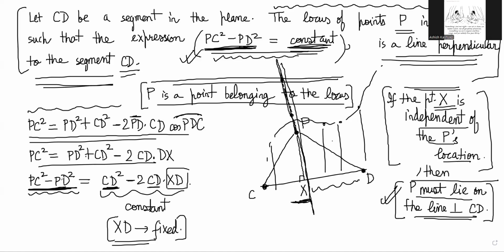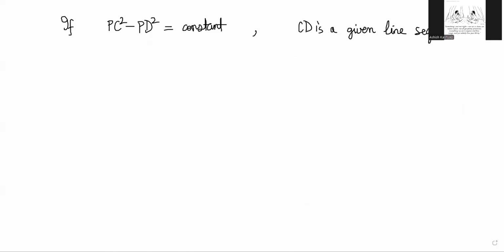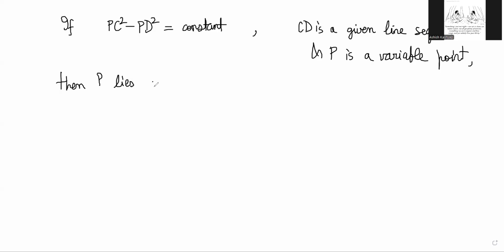Yes, sir. So now we have proved that if PC square minus PD square is constant, where CD is a given line segment and P is a variable point, then P lies on a line perpendicular to CD, right?